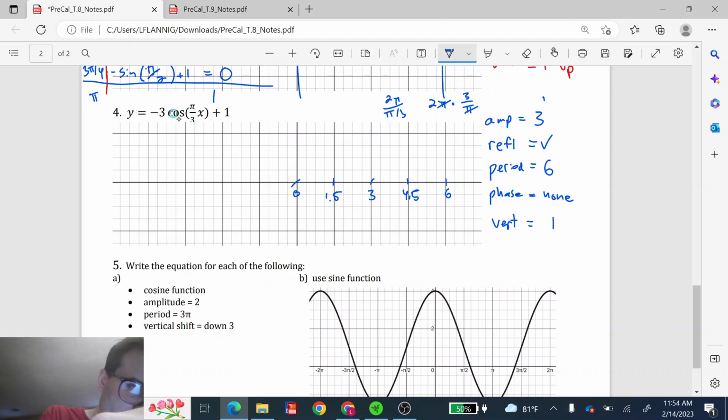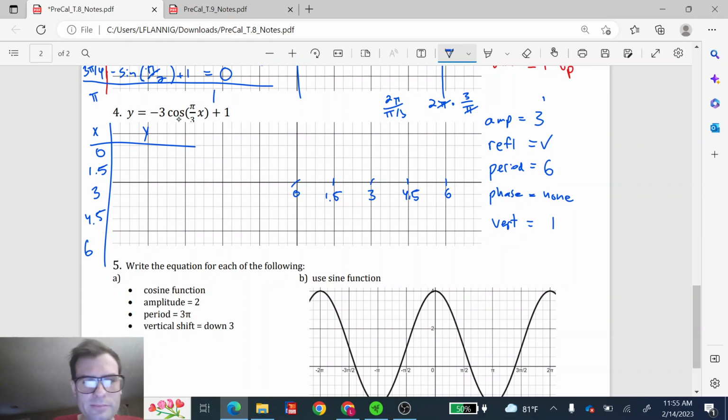So you have x and y: 0, 1.5, 3, 4.5, and 6. So we have -3 cosine of 0 plus 1. Cosine 0 is 1. 1 times -3 is -3. -3 plus 1 is -2.